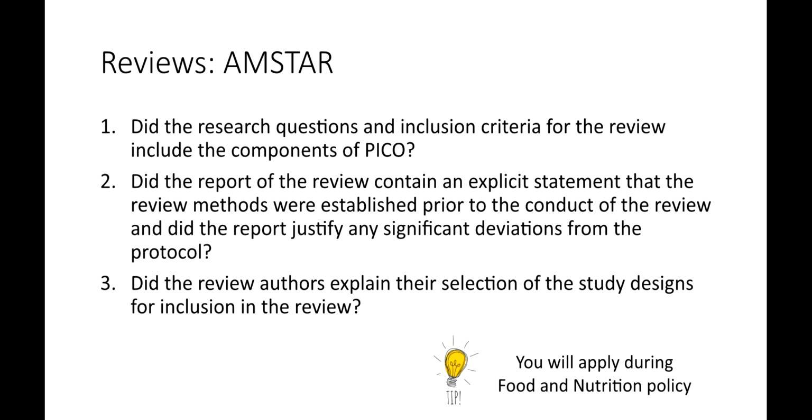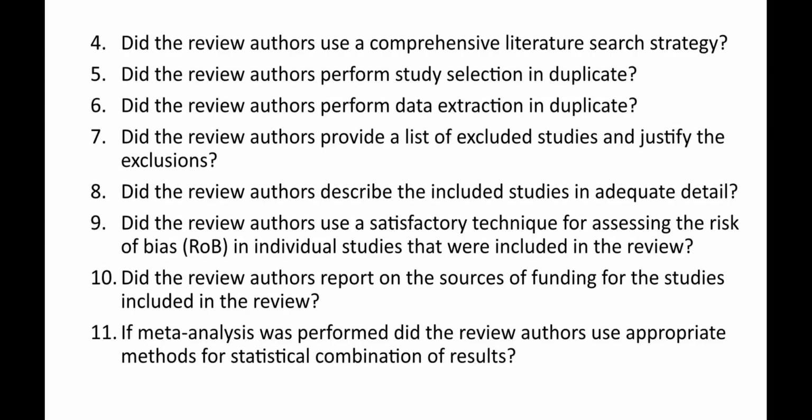And then I think you will understand why these questions are asked. We will come back to that in the class of food and nutrition epidemiology, where I also will ask you to apply the AMSTAR checklist to a systematic review to prepare a policy brief. So that's in the second year that we will apply that. So these are the other criteria in the AMSTAR checklist.